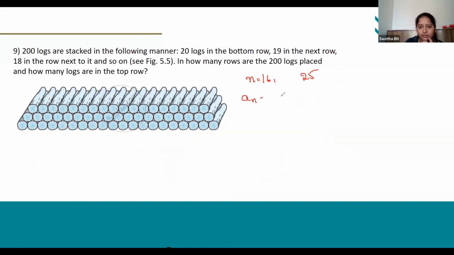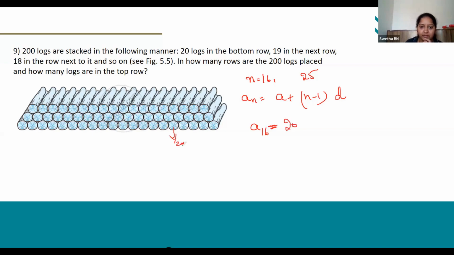We know an is equal to a plus n minus 1 into d. We are finding an right now, that means the 16th term. The topmost row means the last term in the series right now. That's why we are taking this formula. So a is how much? It is 20 right now.